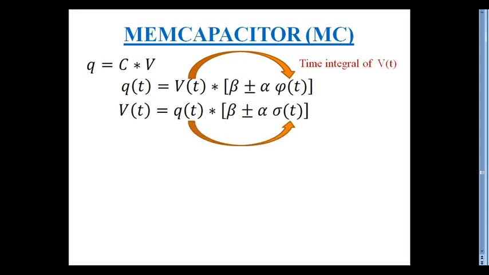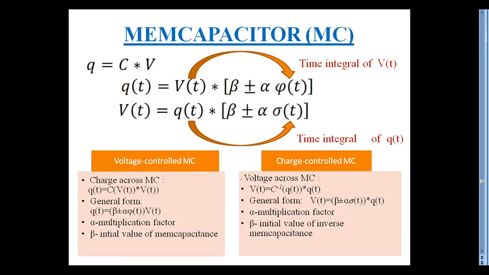Sigma t is the time integral of charge. So these are the two famous equations. If this type of equation is given somewhere, you can say this is a memcapacitor equation. The first one is voltage control, another one is charge control memcapacitor. In case of charge control, beta represents the inverse memcapacitance, and in voltage control, beta is your initial value of memcapacitance, alpha the multiplication factor. So this is about memcapacitor. Voltage control, charge control.